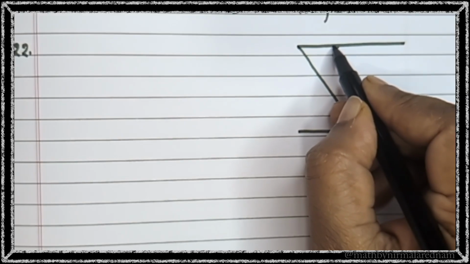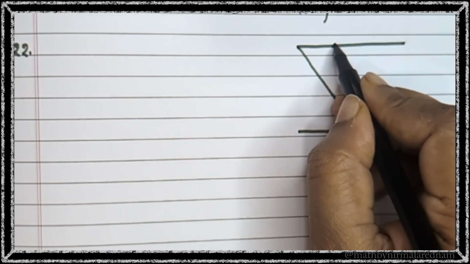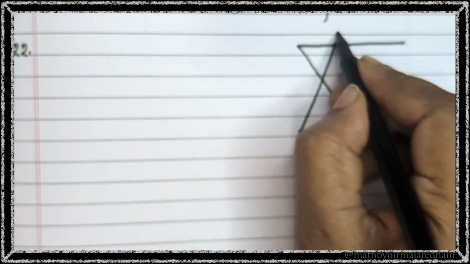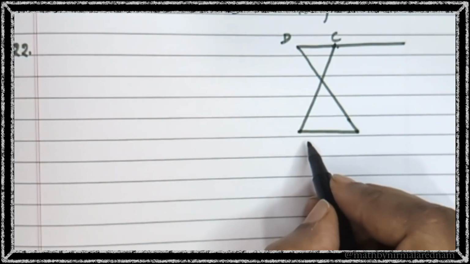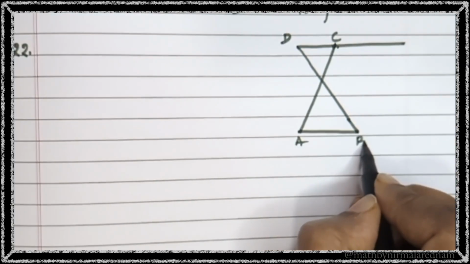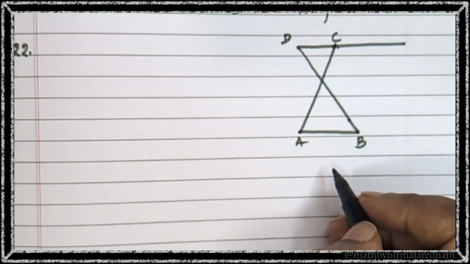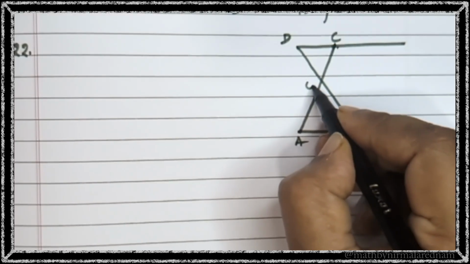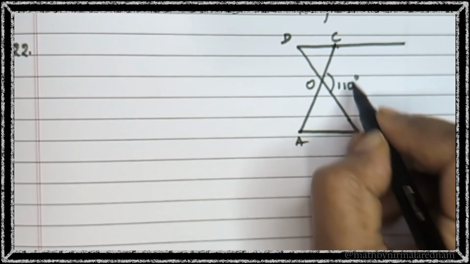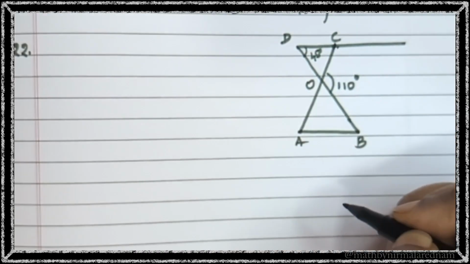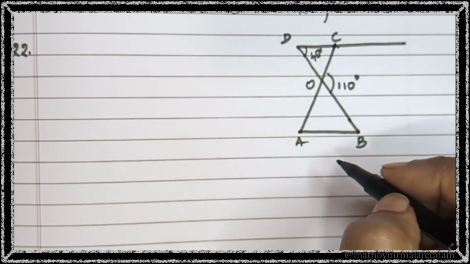So something like this. AB is twice, right? So this is my CD and this is my AB. AB length is twice of CD, as you can see, right? Now I have this angle is given as 110 degrees and this is given as 45 degrees. Okay, this is 45 degrees.